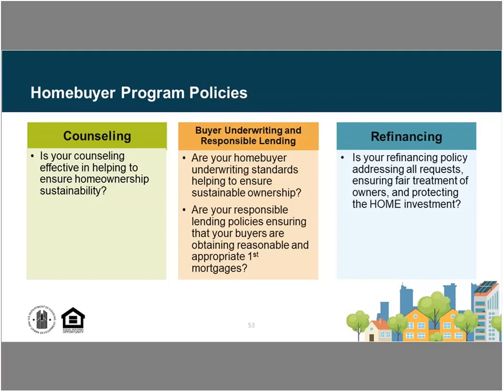For buyer underwriting and responsible lending, are your homebuyer underwriting standards helping to ensure sustainable ownership? So are those lending ratios that you put in place sufficient to ensure that the buyer can afford their mortgage? Are your responsible lending policies ensuring that your buyers are obtaining reasonable and appropriate first mortgages?